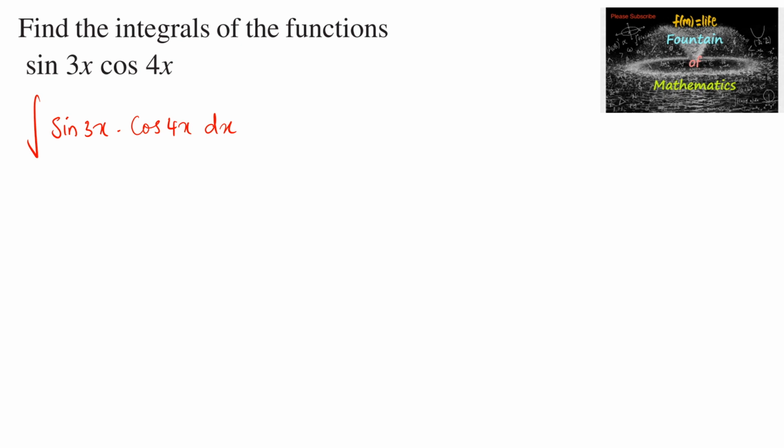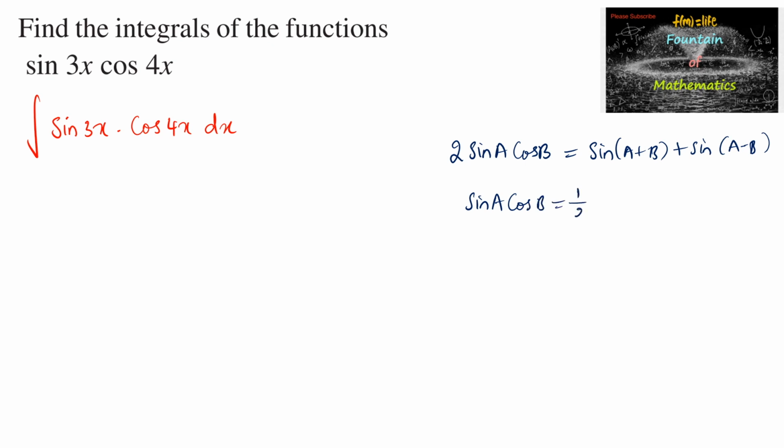We know that 2 sine a cos b is equal to sine (a plus b) plus sine (a minus b). So sine a cos b can be taken as 1 upon 2 times of sine of (a plus b) plus sine of (a minus b).